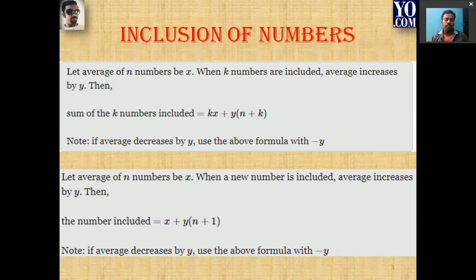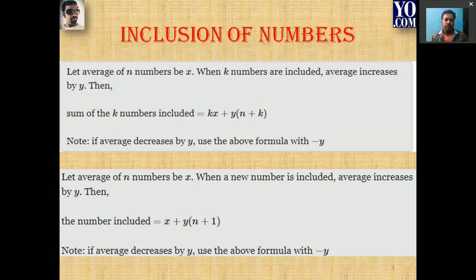Let average of n numbers be x. When k numbers are included, then average increases by y. If the number is included, then average increases. The increased value is y.